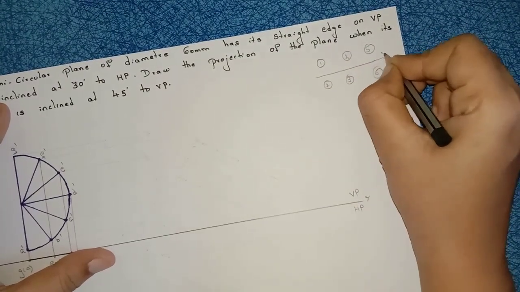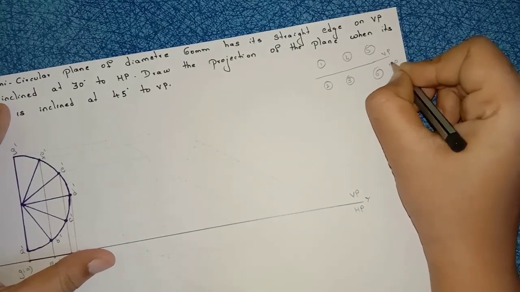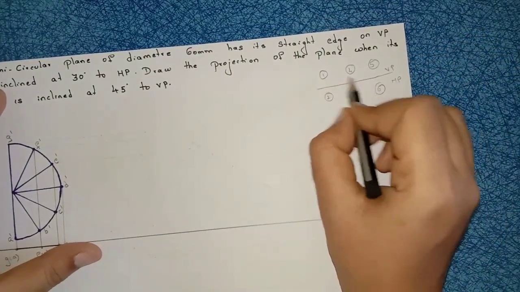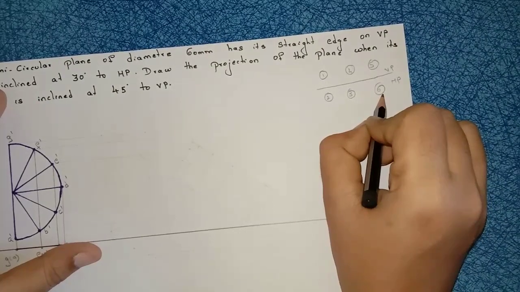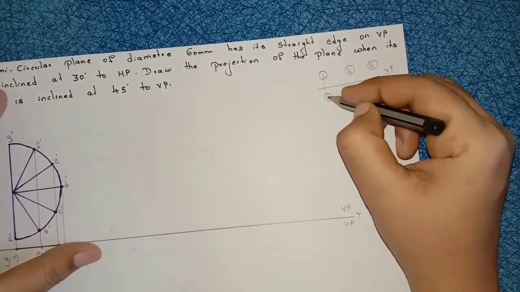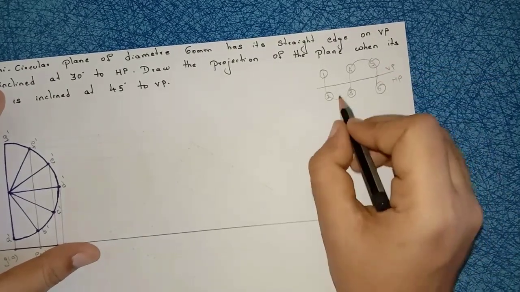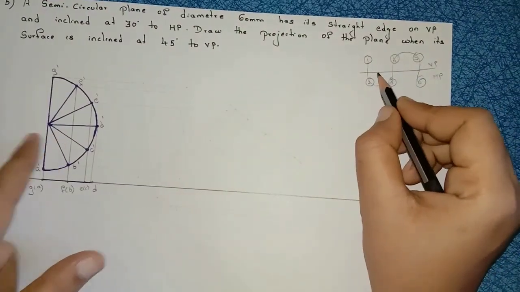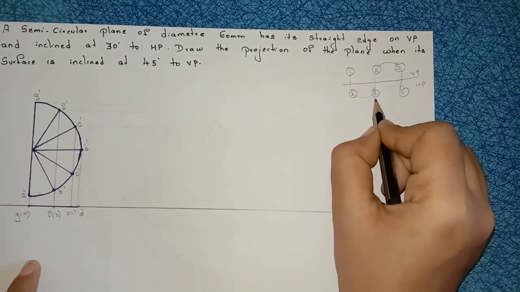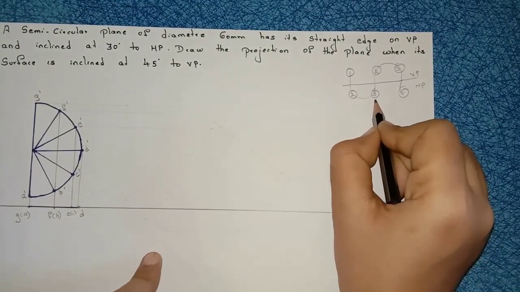This is to the vertical plane and this is to the horizontal plane. If you start the problem in the vertical plane, the ending should be in the horizontal plane. So 1 2 3 4 5 6 looks like a sinusoidal curve. Here 1, here 2. Next, the third step you should draw here.